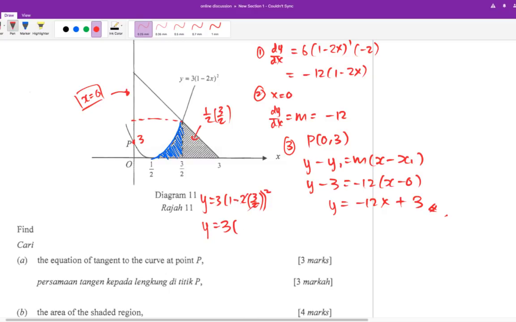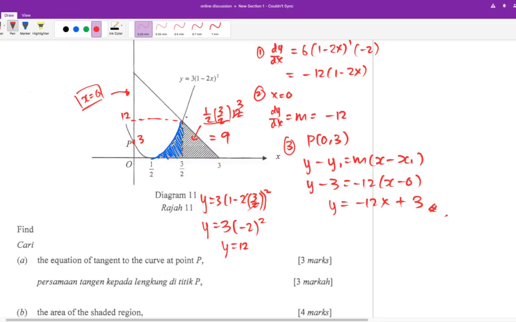Simplify, you will get 1 minus 3, which is negative 2. Negative 2 squared is 4. So y equals 12. So this value here is 12. Multiply by 12, then you get the area of the triangle here. Half times 3/2 times 12: the 4 simplifies, you will get 3. So this is 3, this is 9. 3 times 3 is 9. So the area of the triangle is 9.